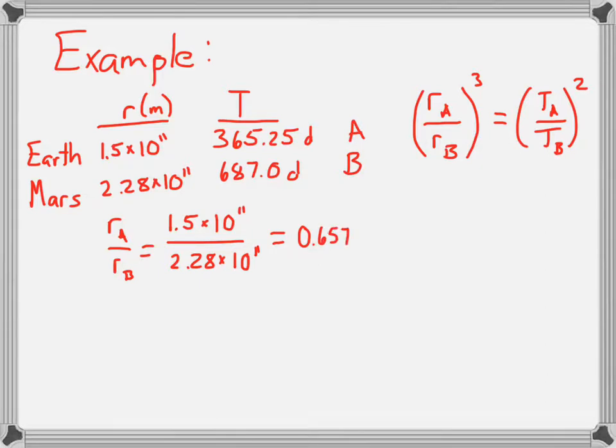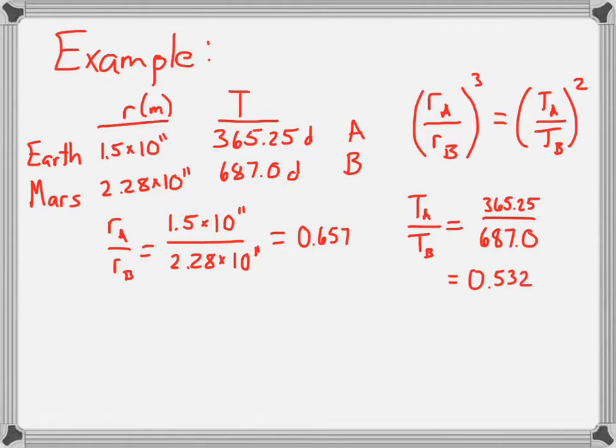Okay, now let's take the ratio of the periods. Well, the Earth takes 365.25 days to go around the sun, and Mars takes 687 days. So when we find that, we get 0.532.